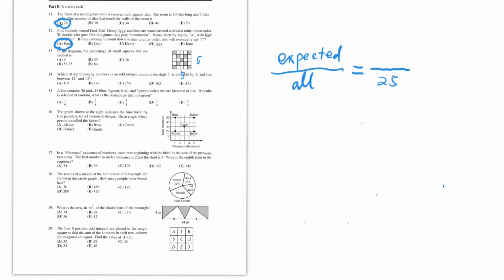Expected is the shaded. So 1, 2, 3, 4, 5, 6, 7, 8, 9. 9 over 25. Multiply bottom and top by 4, 36 over 100 equals 36%. The answer is C.